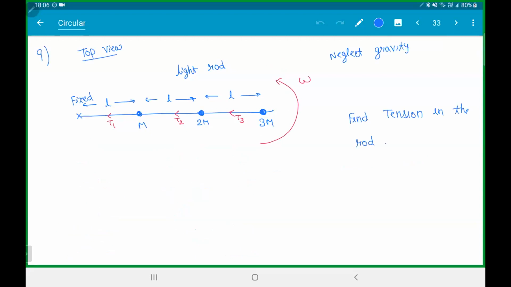Last time we did this: anything that goes in a circle will have a centripetal acceleration.